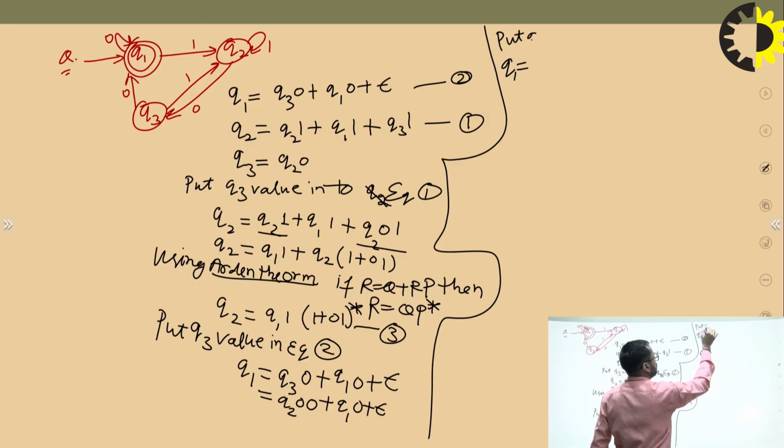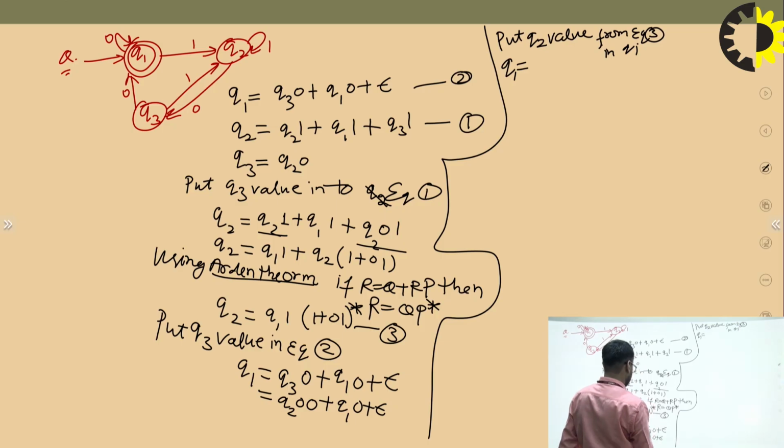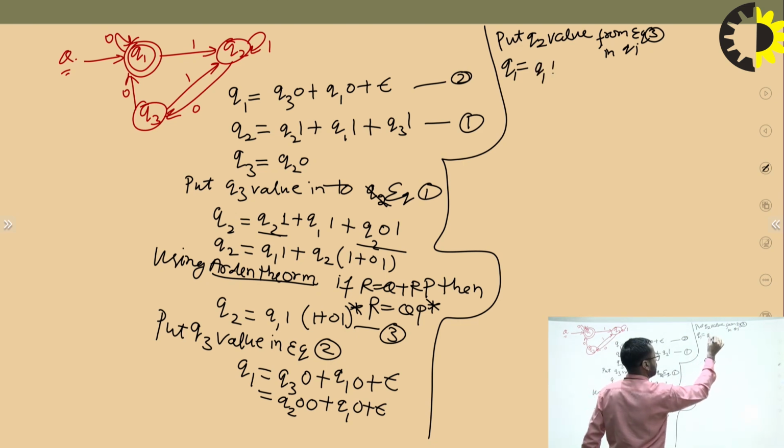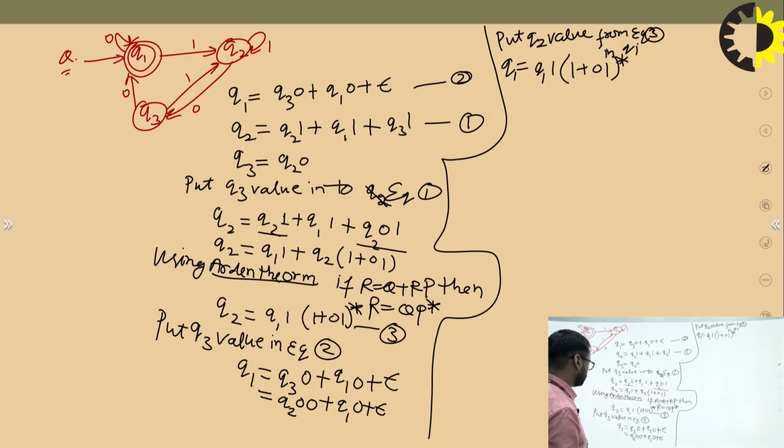Put the Q2 value from equation 3 in Q1. The resultant will be Q1 (1 plus 0 1) star 0 0, that is the Q1 value and Q3 value. Okay, we replace the value here.